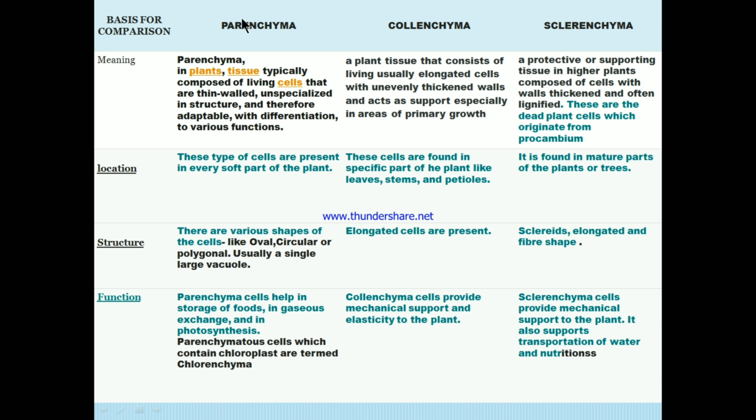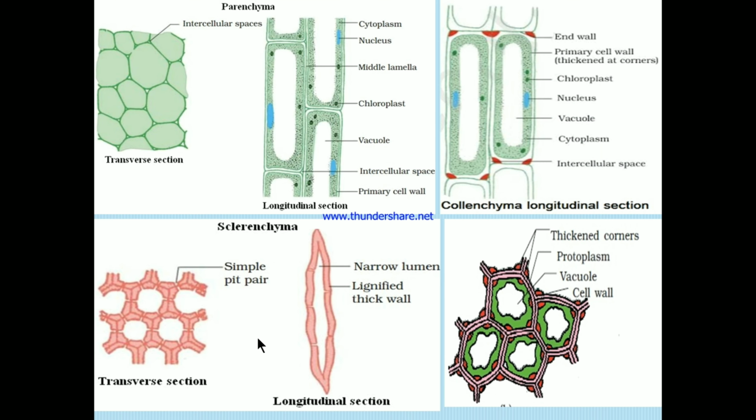The last important points to remember are the functions of parenchyma, collenchyma, and sclerenchyma. Look here, parenchymatous cells store food. They help in the exchange of gases, like in the process of photosynthesis. Some of these parenchyma cells contain chloroplast, and they are called chlorenchyma. Keep that in your mind.